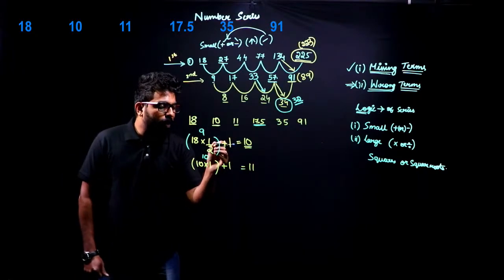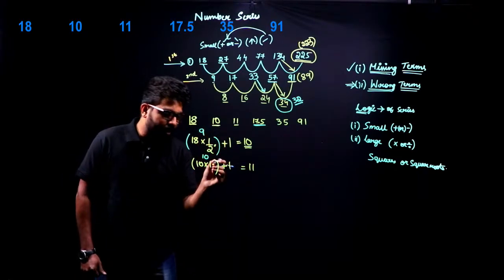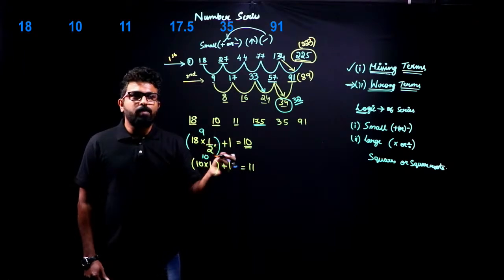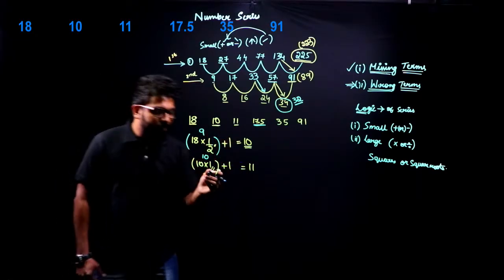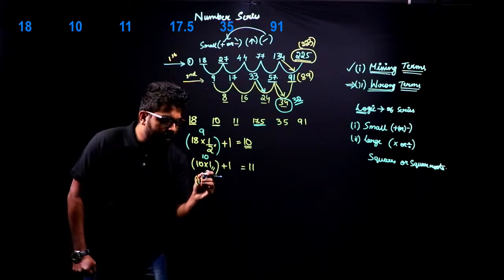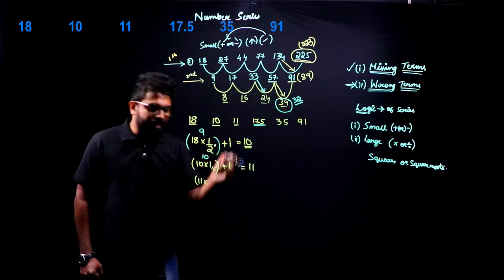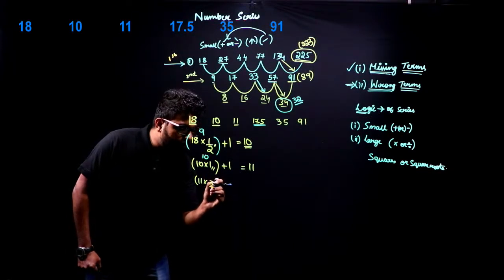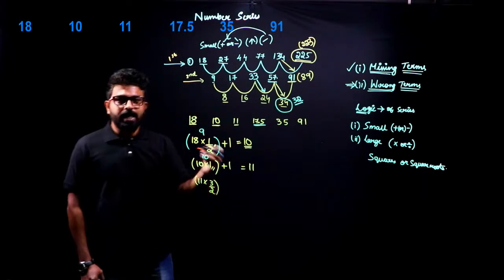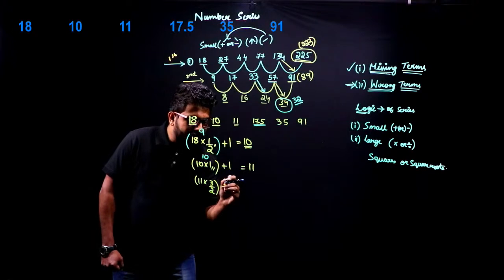So, here it was 1 by 2, I multiplied with 1 by 2. Here I multiplied with 1. What do I have to multiply next? Next, I'll have to multiply with 1.5. Multiplying with 1.5 is nothing but into 3 by 2. 1.5 can be written as 3 by 2. Now then what do I need to do? I need to add 1.